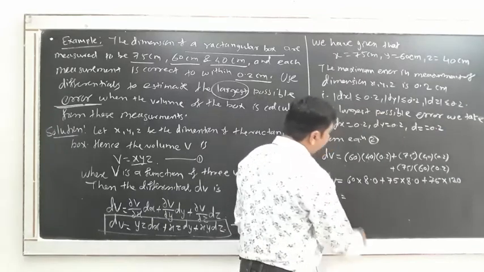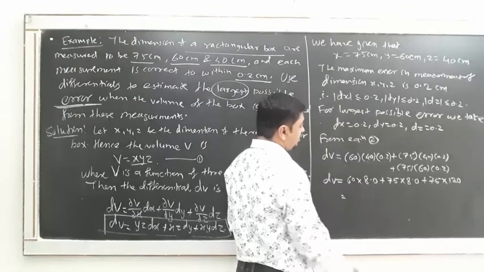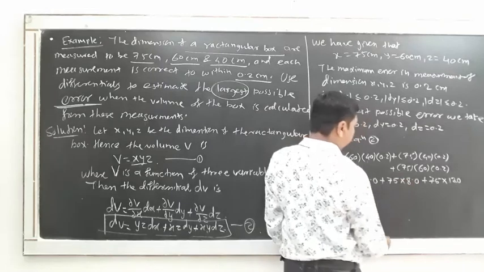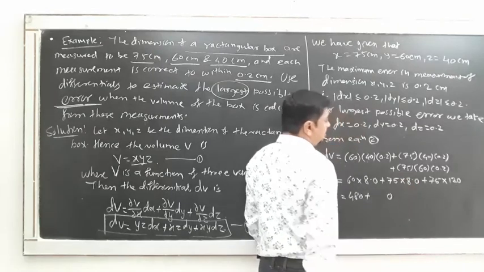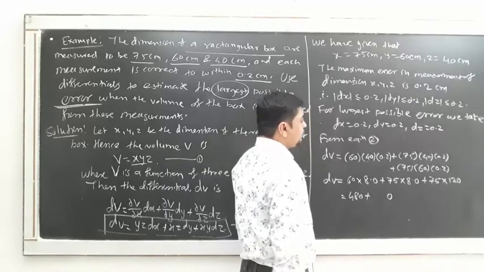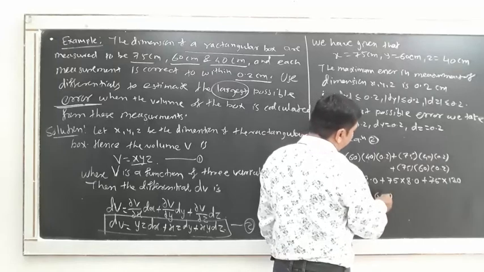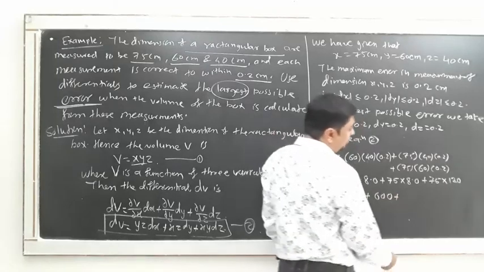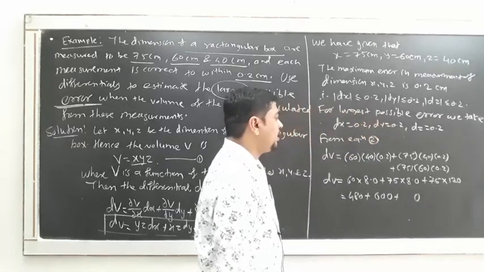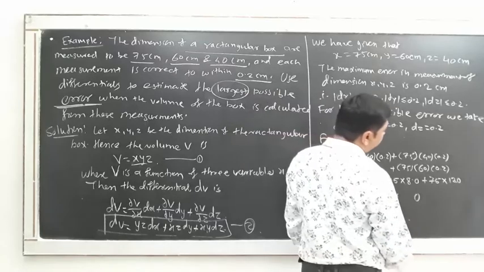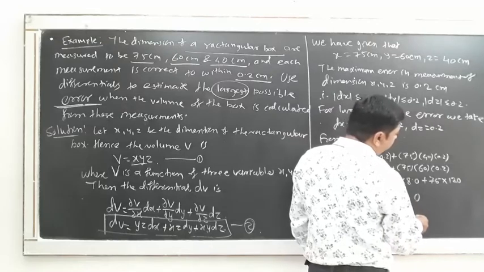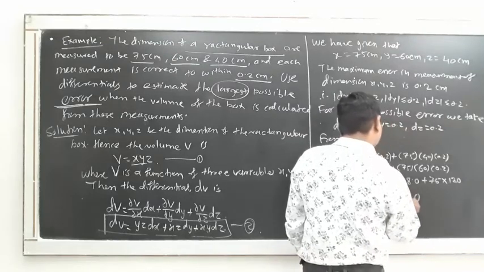Okay, so now we just do the calculations: 60 times 8 is 480, plus 75 times 8 is 600, plus 75 times 12 is 900.